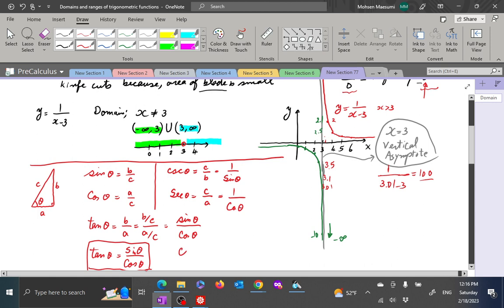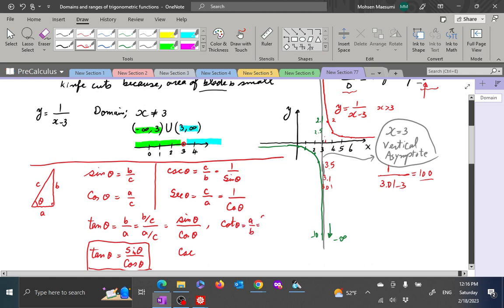And cotangent of theta, so let me write it here. Cotangent of theta is the ratio of a over b.